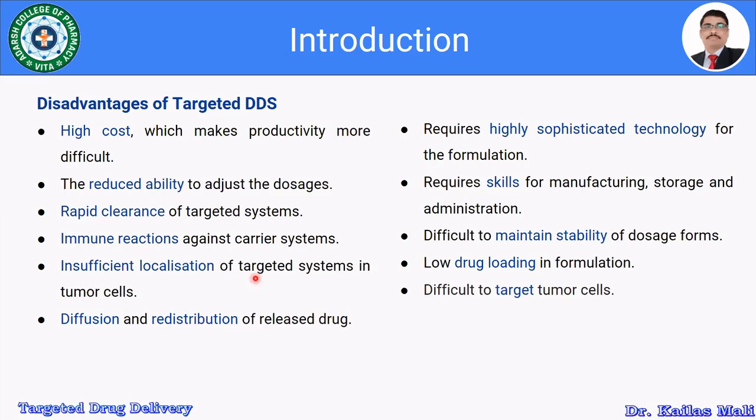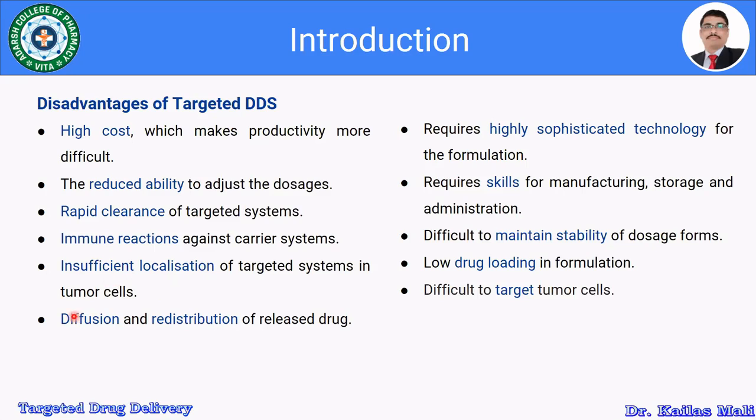Insufficient localization of the targeted system in the tumor cell. More specifically, the targeted drug delivery systems are designed to treat cancer, but there might be chances of insufficient localization due to certain reasons. That is one of the disadvantages of the targeted drug delivery system.